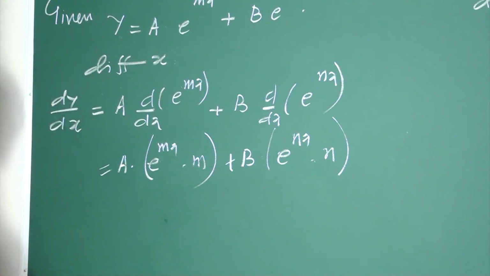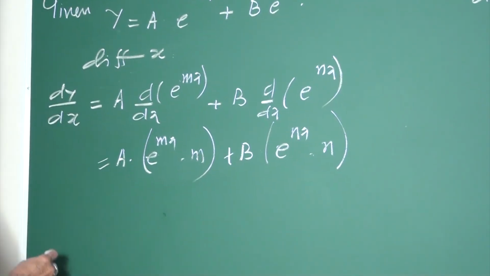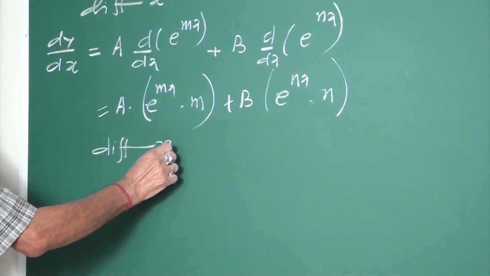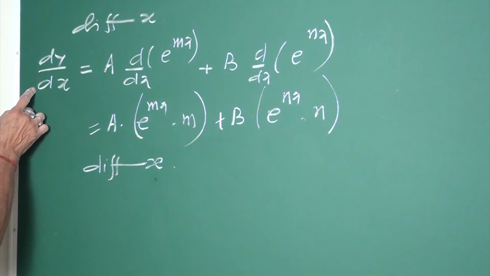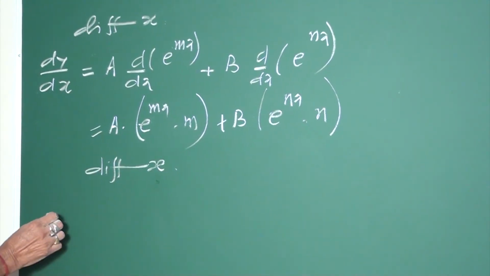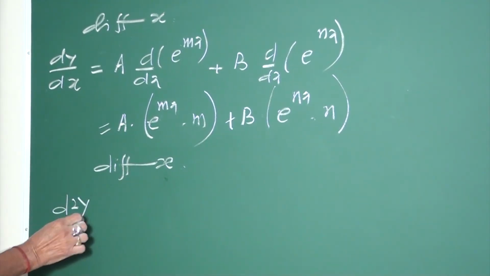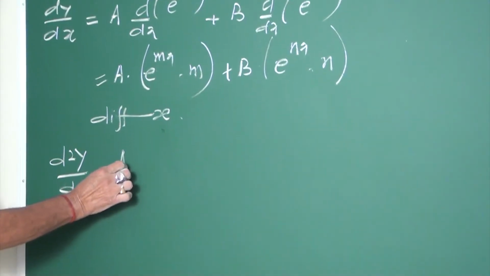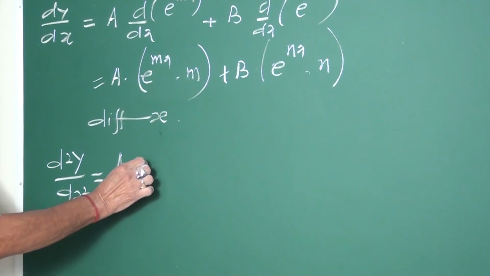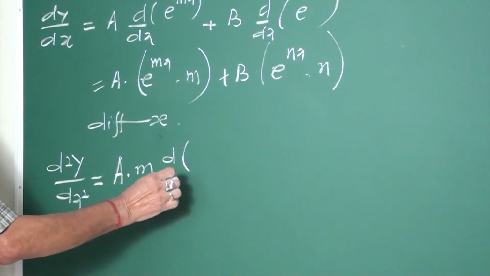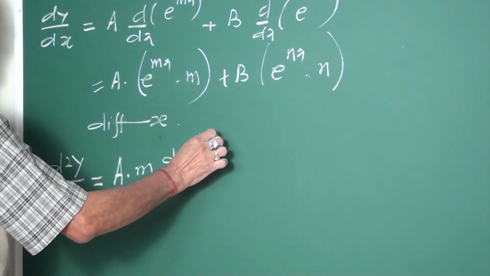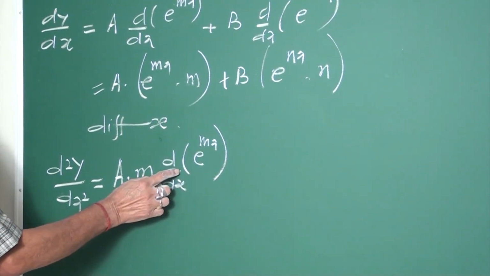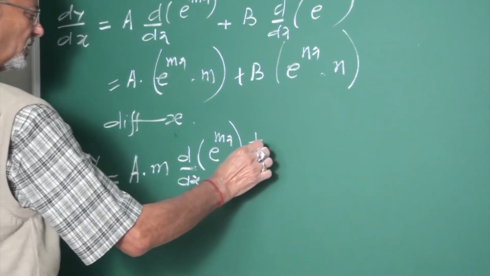What is this, my friends? First derivative. Next is the second derivative. Differentiate again with respect to x. The derivative of the first derivative is the second derivative. Symbol d2y by dx2 equals a. What is another constant? m. Then the derivative of e to the power mx. My friends, if you write this step, it avoids confusion and becomes simple. b.